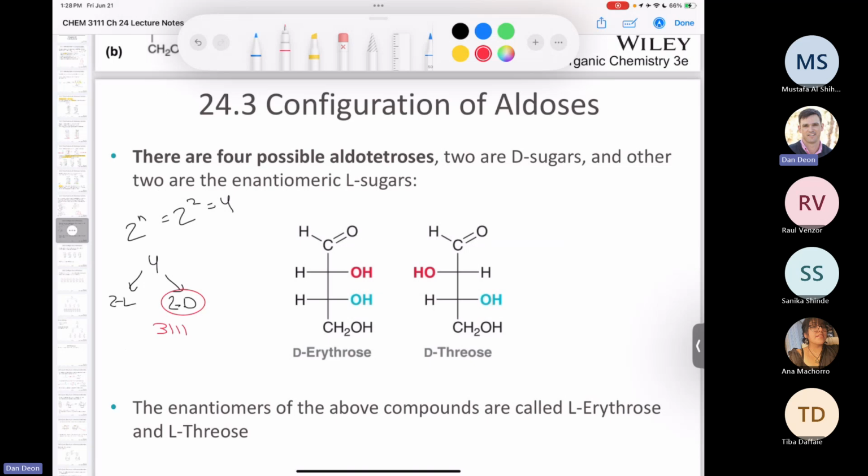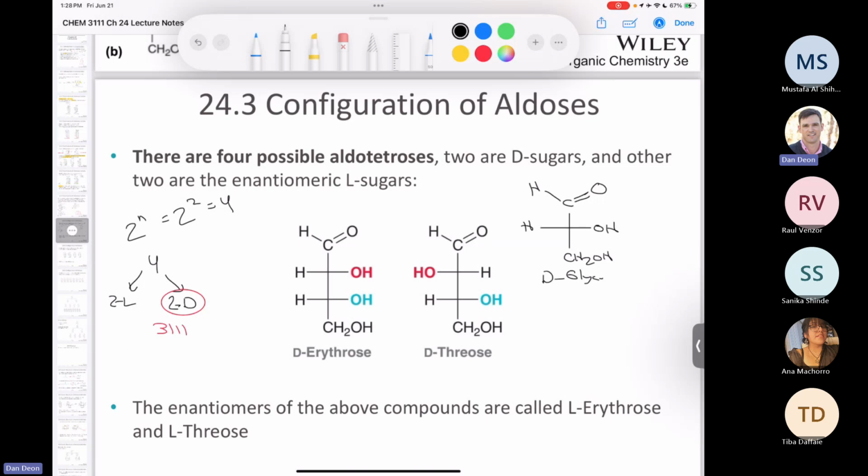But if we take a look at the 2 enantiomeric D sugars that we have here, D-erythrose and D-threose, what we're doing is we're building off of D-glyceraldehyde. So if I draw the structure of D-glyceraldehyde, which was this, okay? So remember, if it's D-glyceraldehyde, the hydroxyl is pointing in this direction.